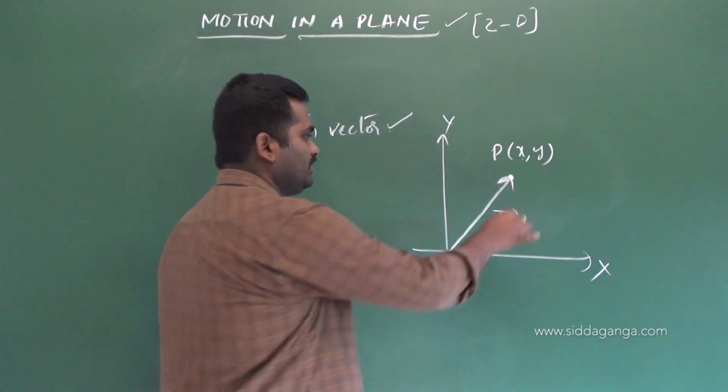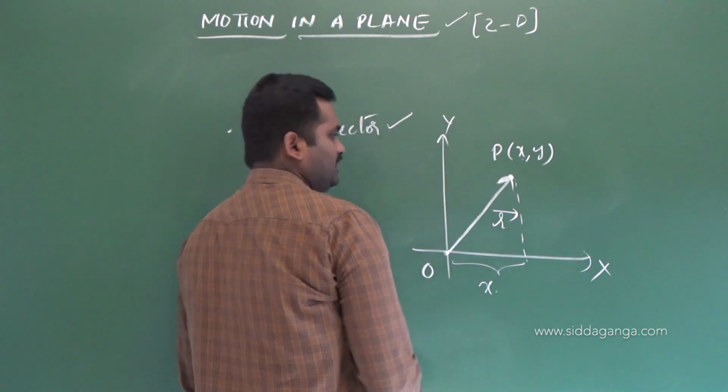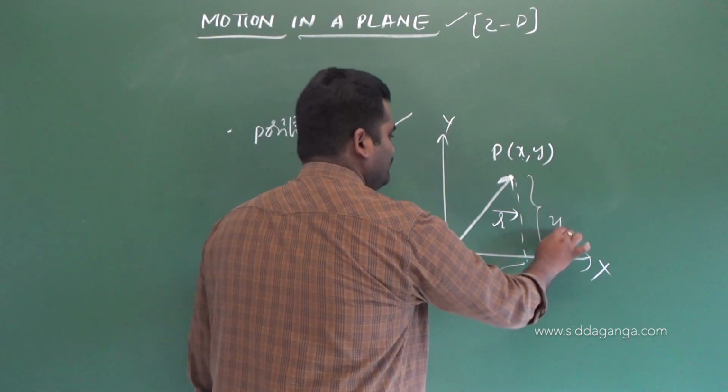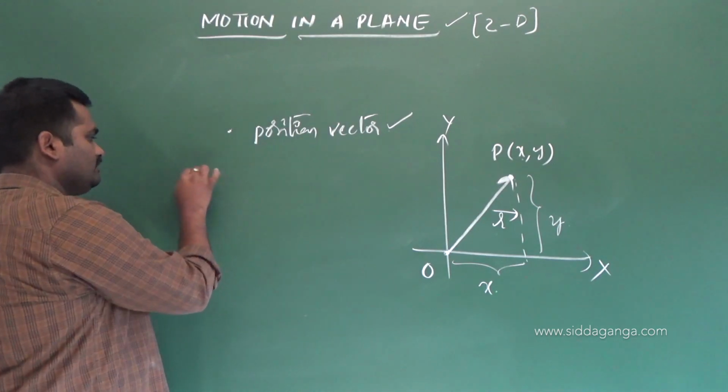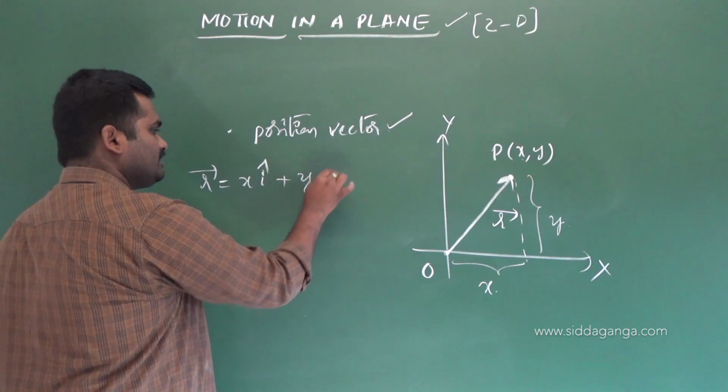How to write r bar? I told you how to resolve a given vector into components. This is the x value and this is the y value, so how to write the value of r bar here now? r bar equals x i cap plus y j cap.